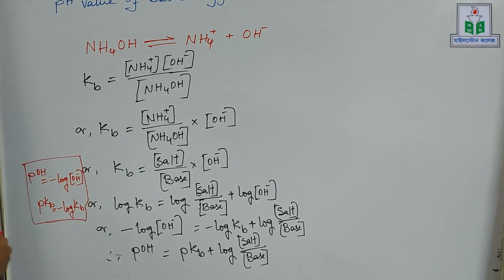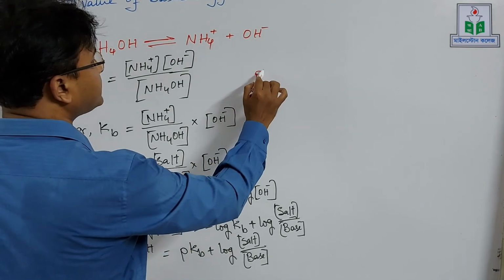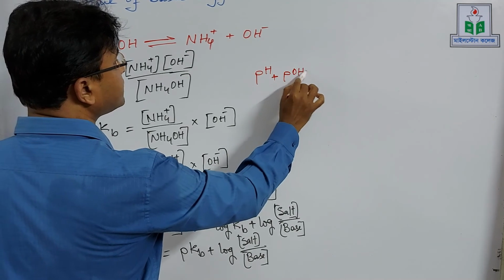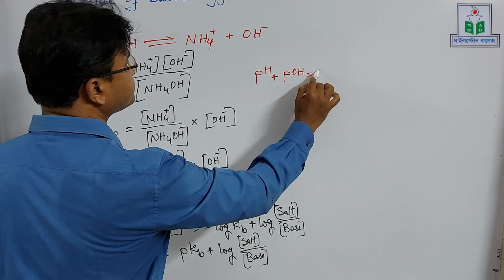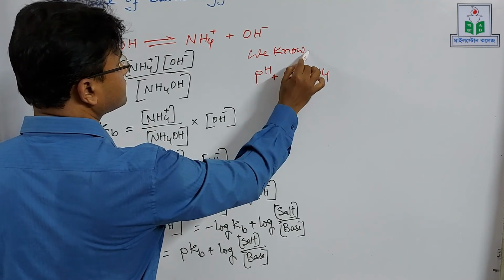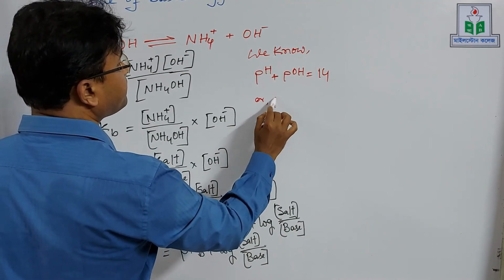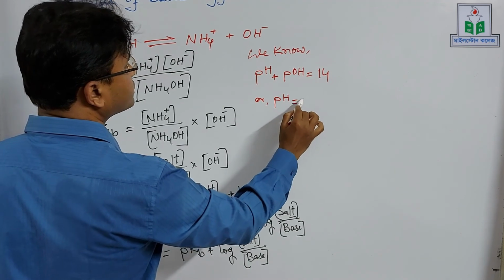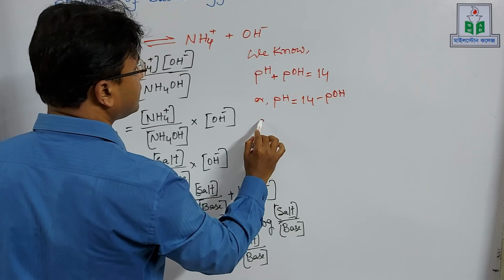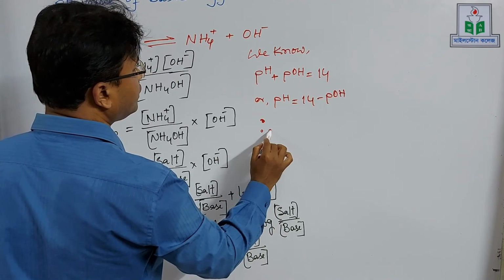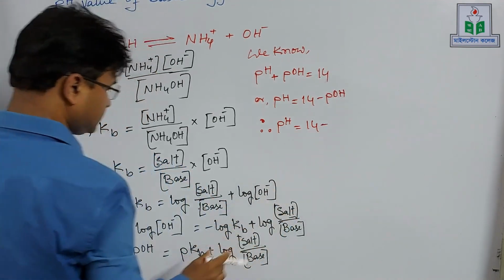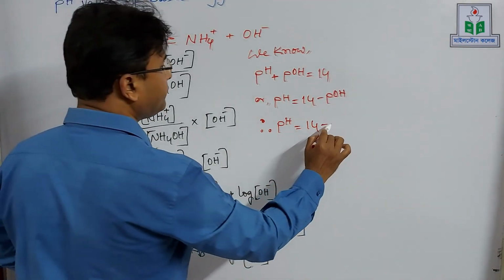Then we know that pH plus pOH equals 14, or pH equals 14 minus pOH. So pH equals 14 minus pKb.